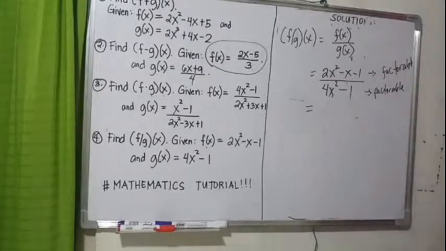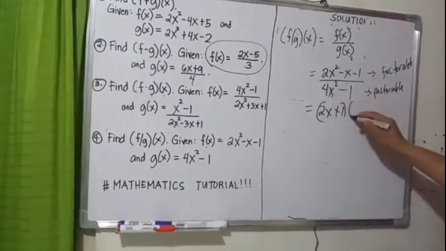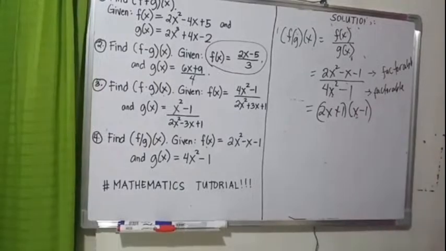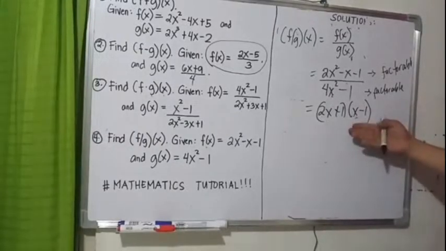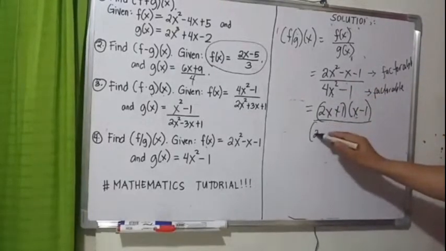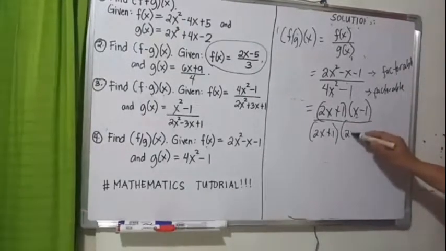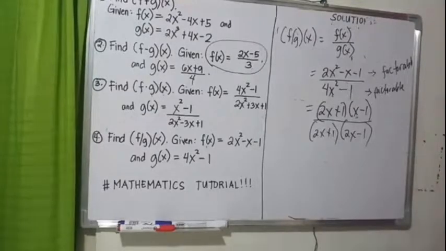That is 2x plus 1 times x minus 1. Yan ang factor ng numerator natin. How about the denominator? Kanina, ano yon? So that is 2x plus 1 and 2x minus 1.